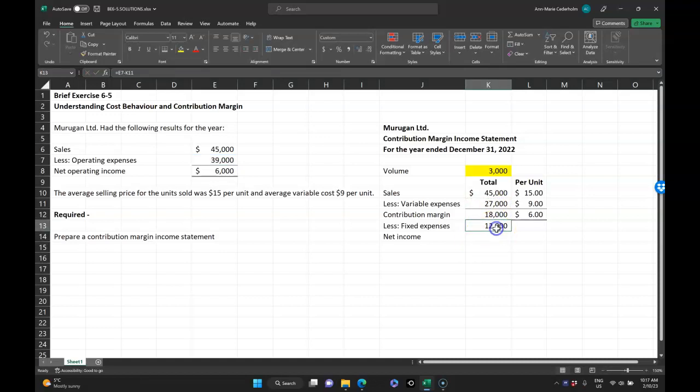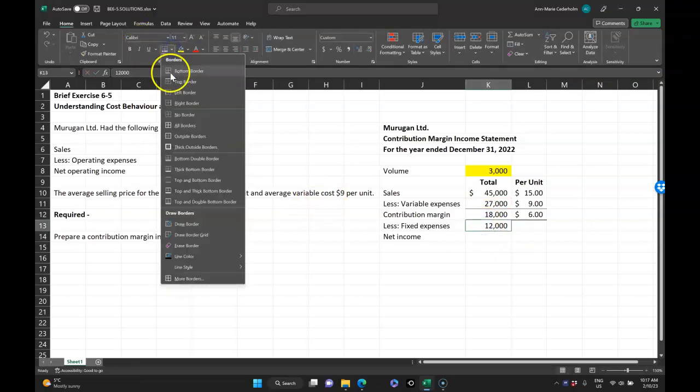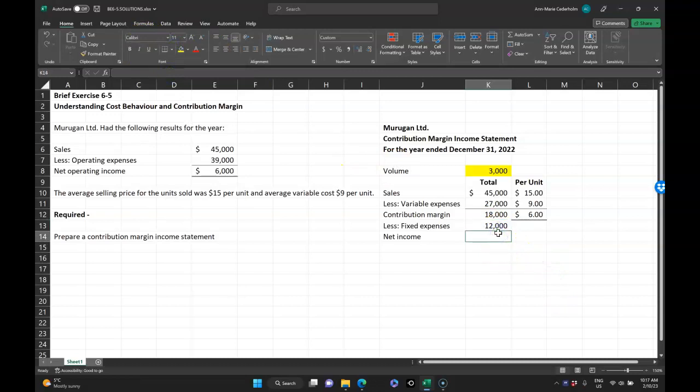And remember, these fixed costs stay the same regardless of whether I sell 3,000 cookies or one cookie. You're always going to have to pay the 12,000. So now I'm going to get my net operating income. I can take 18,000 minus 12,000, and that gives me 6,000. So it's the same operating income.